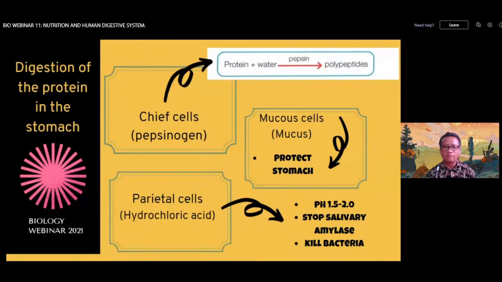Then it also acts as an inhibitor, where the salivary amylase action that starts from the mouth is stopped when combined with HCl. Also, HCl will prepare a medium with suitable pH for pepsin to react. Anything less acidic will disrupt the process of digestion.